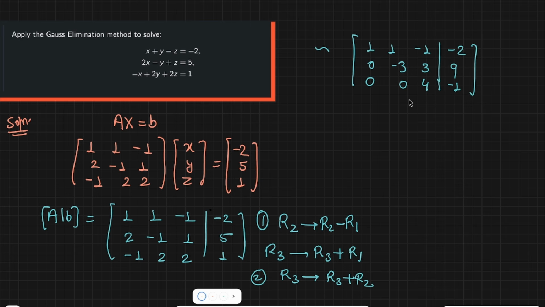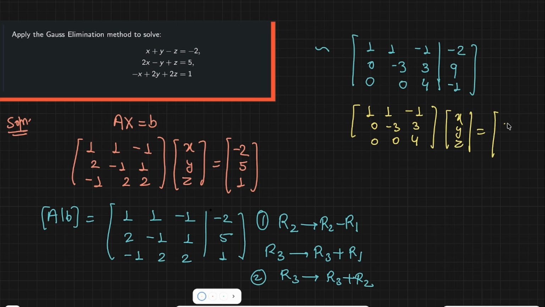Now what to do? Simply take the back substitution. From here I write [1 1 -1; 0 -3 3; 0 0 4] times [x y z] equals [-2, 9, -1].